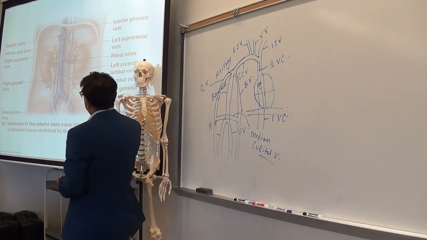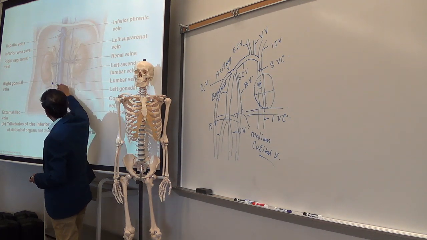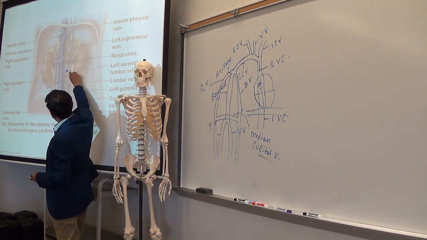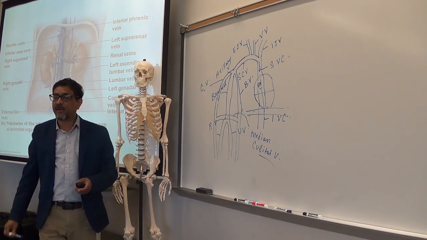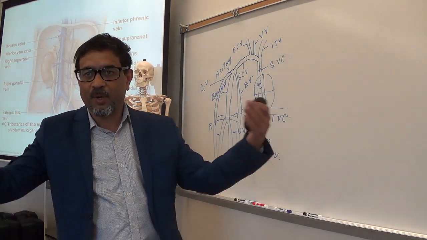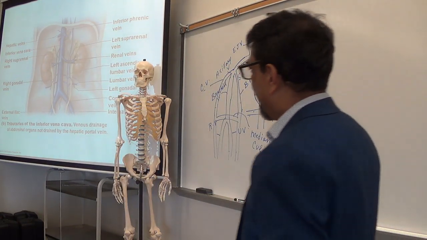Now, so those are renal and suprarenal veins. Gonadal veins, like gonadal arteries, bring the deoxygenated blood from the gonads, ovaries and testes, right? Gonadal, remember that? From the gonads into the vena cava.